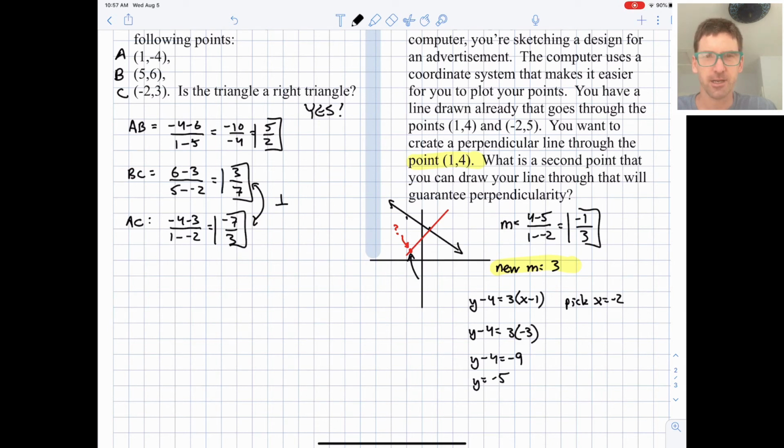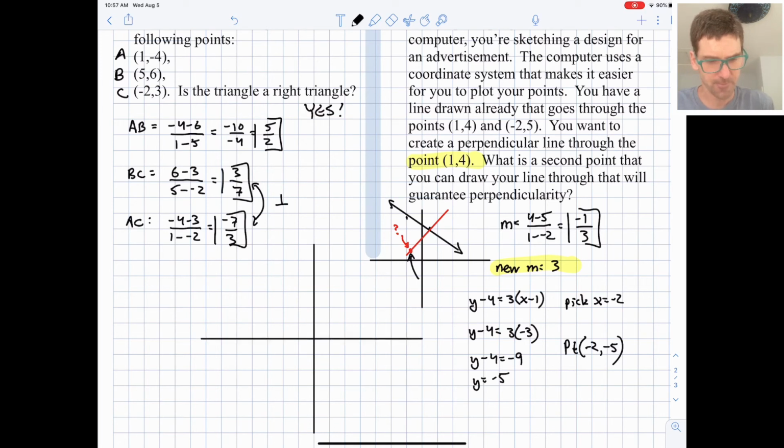I paused for a little bit because that's pretty far off from what my point looked like. It looked like we were going to get a positive y value. So let's try to figure out why that is. I want to do things a little more carefully to check. So my answer is going to be negative 2 comma negative 5. But let's do a more careful graph and check, because that first graph I did was just a sketch.